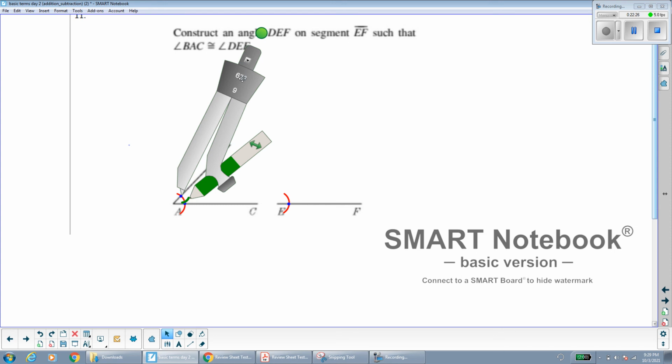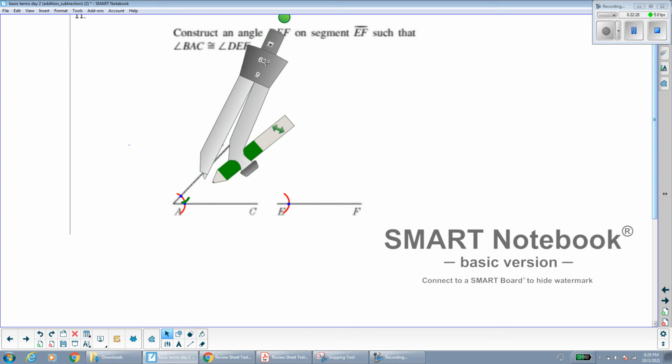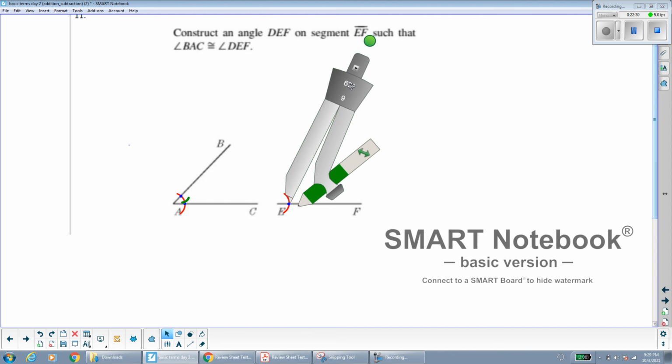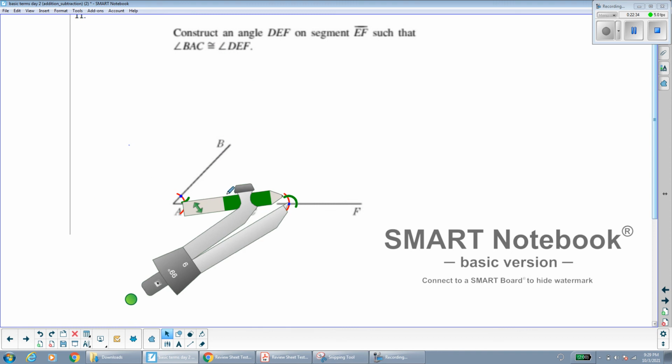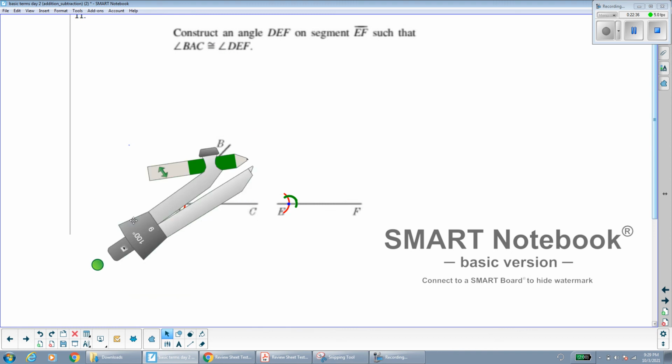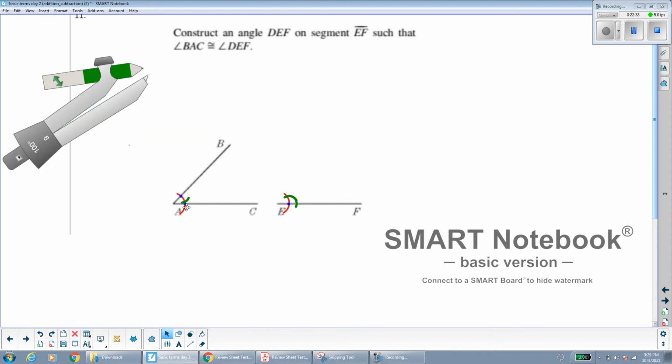So now using that same measurement I just measured, I'm going to pick up my compass and move it over to the intersection point here. And what I'm going to do is make an arc using the same length that I had measured before. Now I see that there is a spot where my two arcs intersect. And through that intersection point, starting at the vertex, is where I'm going to draw my ray.